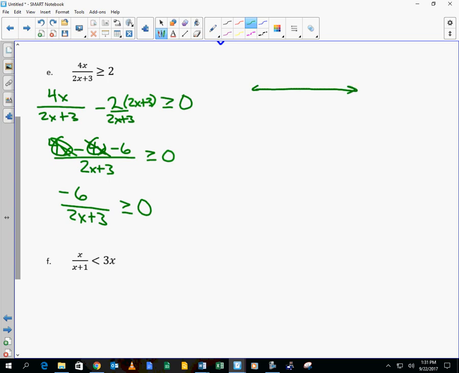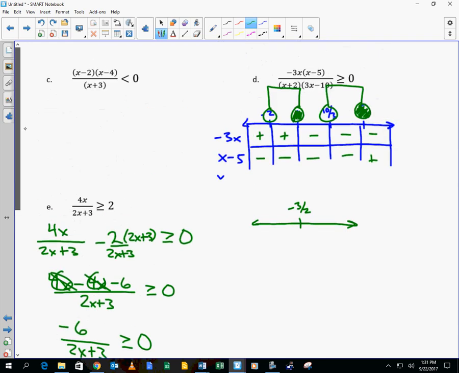Can the top ever be equal to 0? Can the bottom? Yes. At -3/2. Okay, all right. Let me rephrase. What number here would you plug in to get 0 in the denominator? -2.